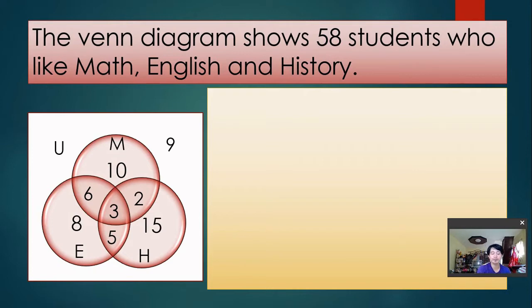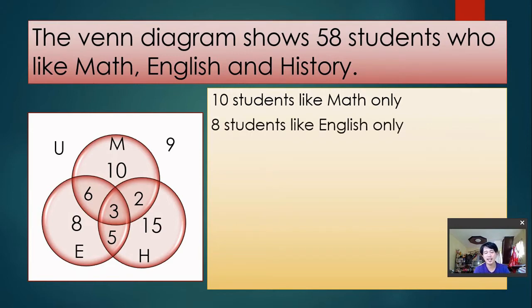So, what is 10? 10 students like math only. These students don't like English and history, only math. These students love math. And 8 students like English only. So these 8 students love English only.